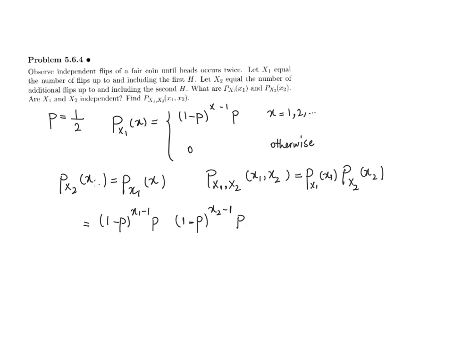So I can rewrite this as (1 minus P) to the power x1 plus x2 minus 2, times P squared, for x1 equal to 1, 2, etc. and x2 equal to 1, 2, etc. And for other values of x1 and x2, it is equal to 0.